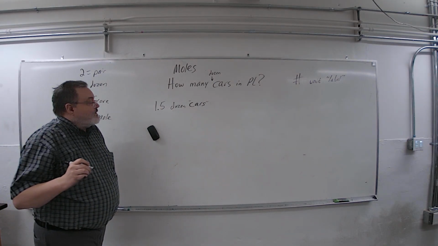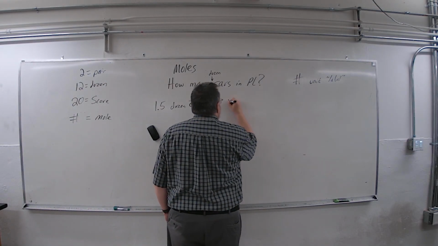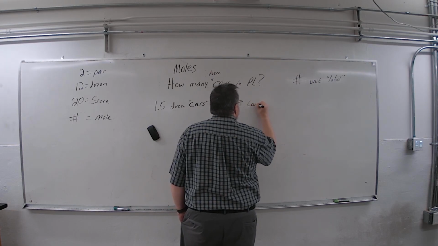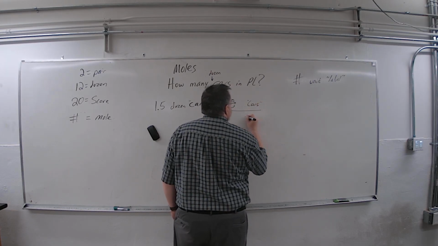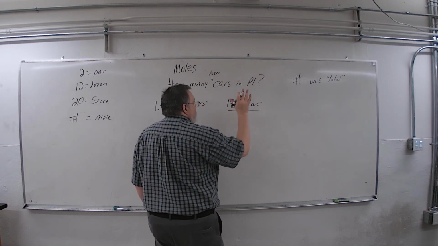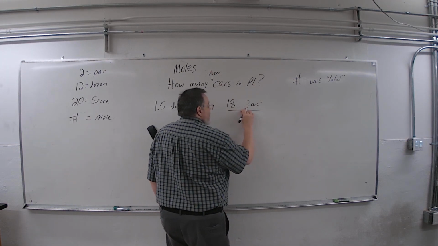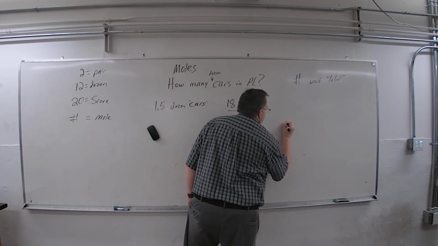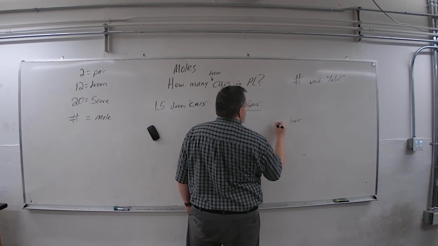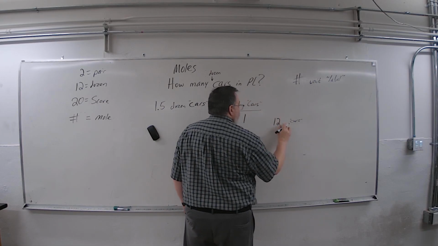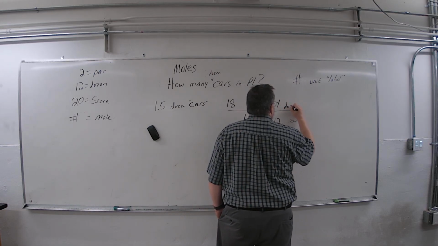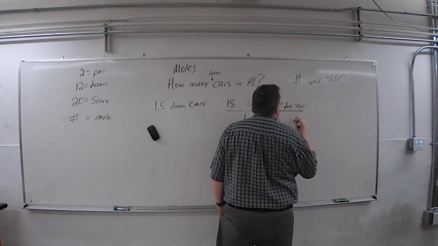And the way the math works is you go out there, you count 18, no unit, cars. Just put it over 1. And now there's a conversion factor between no unit and dozen. I want this to cancel the no unit cars. 12 no unit cars is 1 dozen cars.